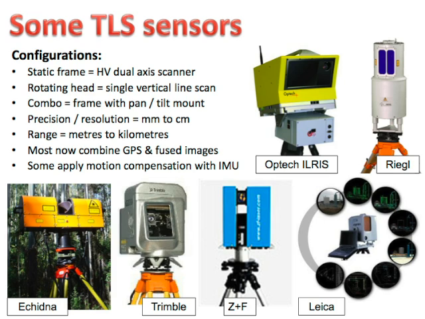In terms of positioning, most sensors currently on the market either incorporate or allow for the incorporation of GPS so that you can position them as you're scanning. Some of them even allow the incorporation of inertial guidance systems or an inertial measurement unit, which means you can actually move them. So you can be doing either a frame scan or a rotating scan, but be moving the sensor at the same time.